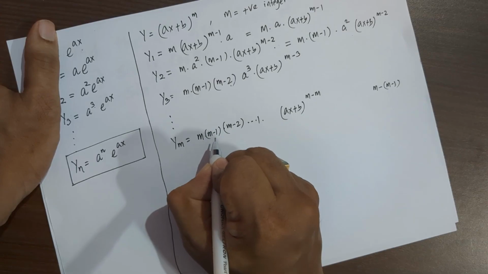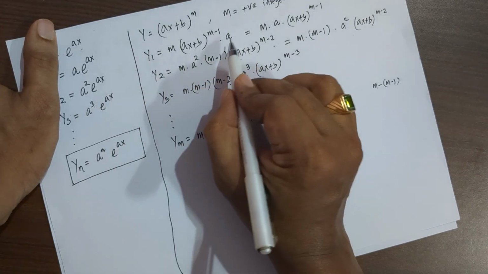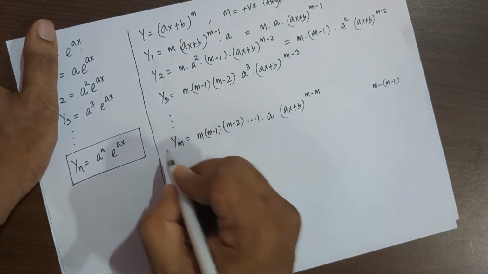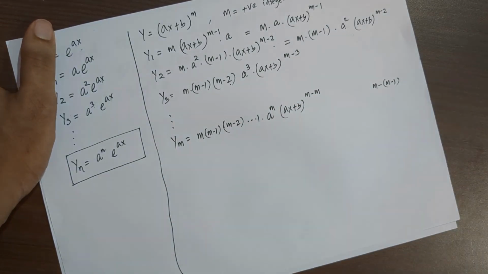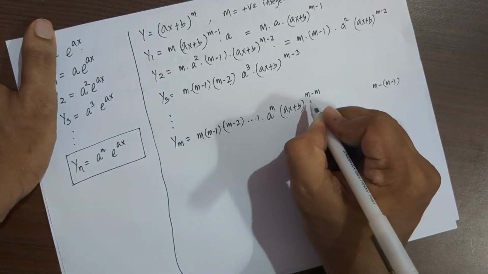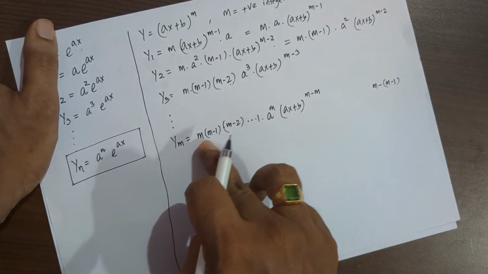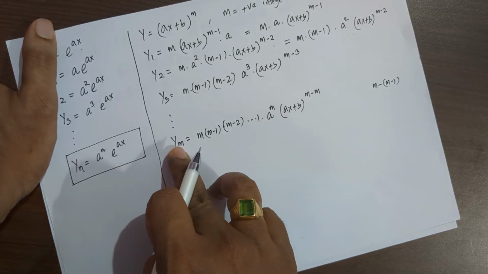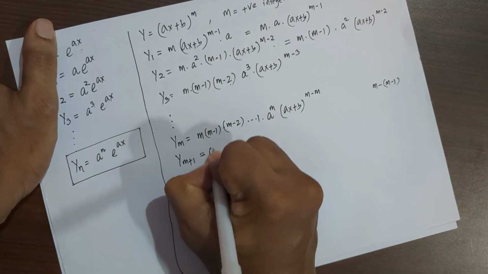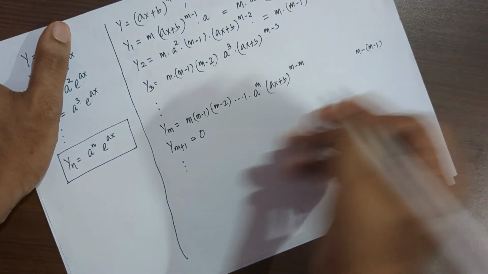So we will go up to 1. Then a to the power: in first order it is a single a, second order a square, third order a cube. For the mth order it will be a to the power m. And observe that this one is a constant, because m minus m is 0. So ax plus b to the power 0 is 1, and all these terms are constant. So y m is a constant. So the m plus 1th derivative will be 0, and the derivative y m plus 2 will also be 0.